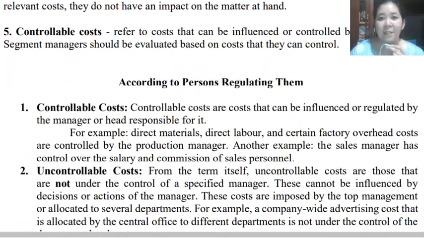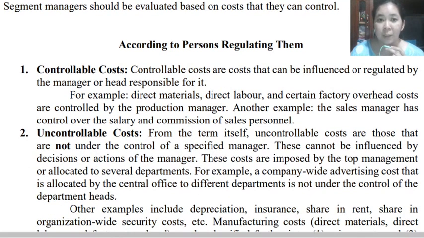But basically here, to expound further, what are controllable costs? These are costs that can be influenced or regulated or controlled by the manager or head which is responsible for incurring such costs.